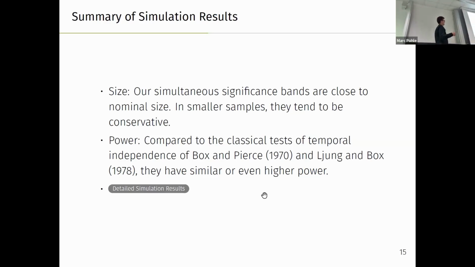In smaller samples, they tend to be conservative, as Box-Pierce tests are, because the asymptotic normal distribution is not a perfect approximation there. And surprisingly, when it comes to power, we compare them to classical tests of temporal independence, primarily the Box-Pierce tests, and they have similar or even higher power in the simulations.